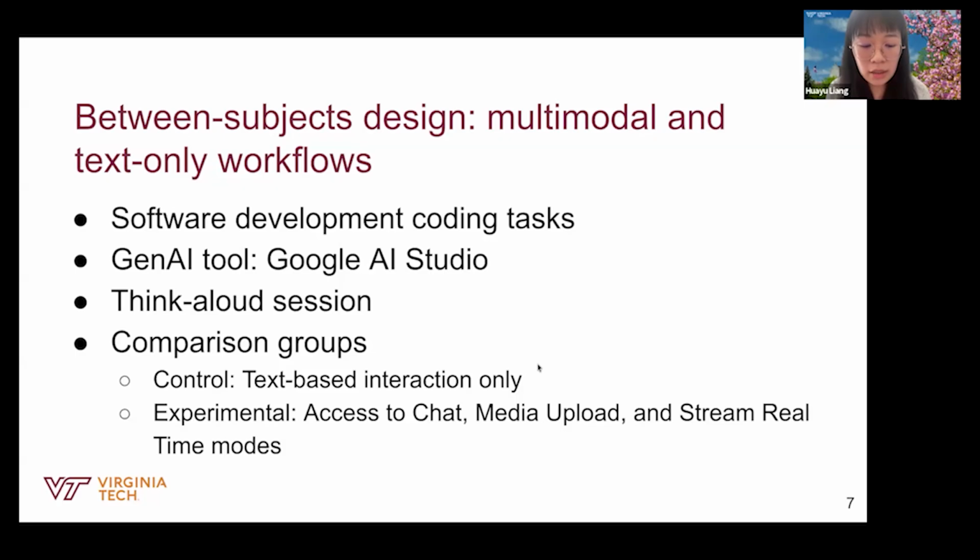During the user study, the control group will interact with the AI through text-based interaction only, while the experimental group can access all the modes, like chat, media upload, and real-time streaming, like audio and screen sharing features.